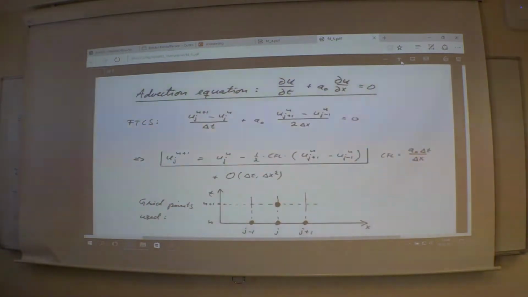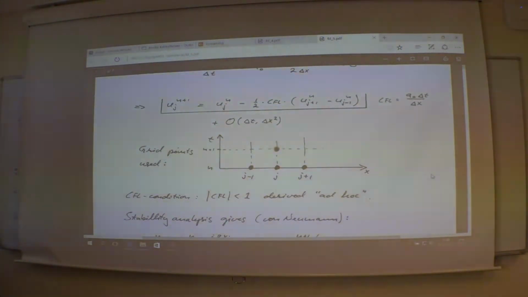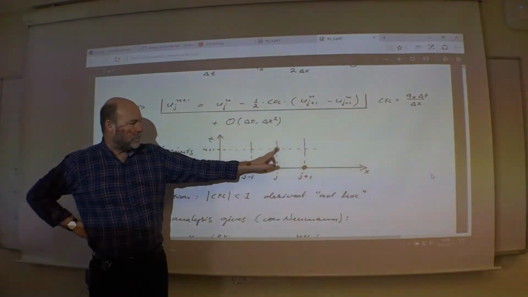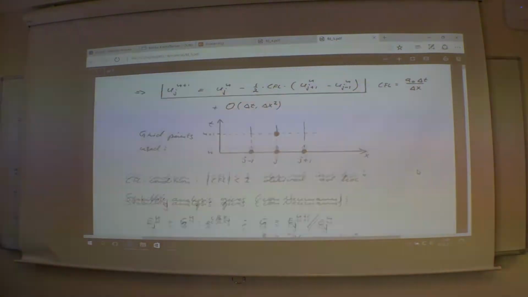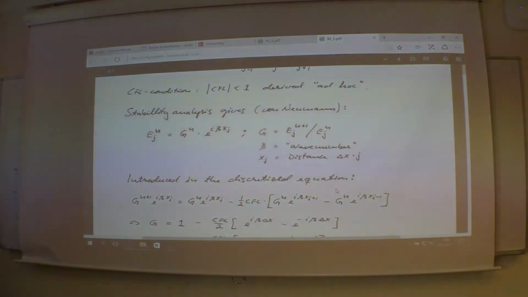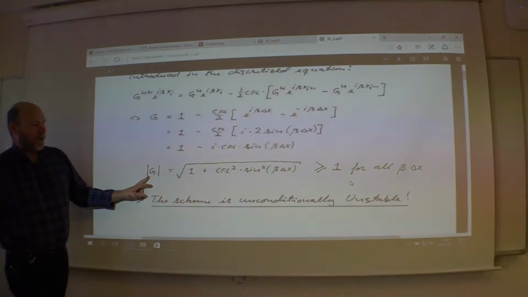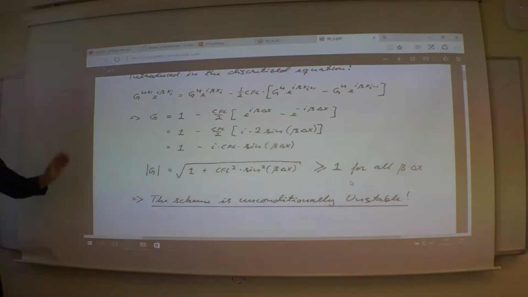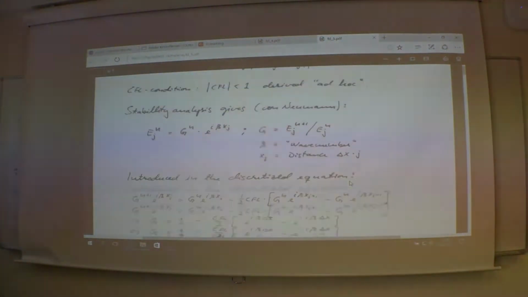The advection equation that we have here and our FTCS scheme, finding the new value based on these three old ones. With the von Neumann analysis, inserting the error, and doing some calculations, you find the amplification factor is 1 plus something, which is definitely going to be bigger than 1. No way, this is going to be big trouble.